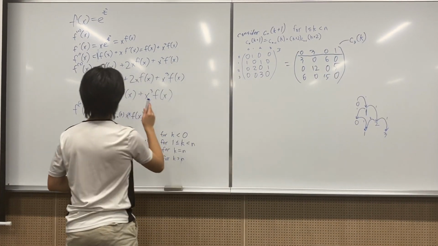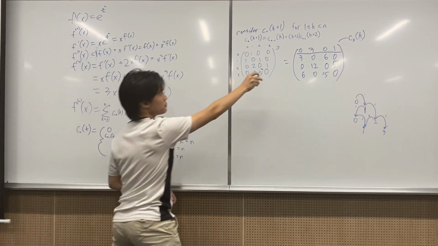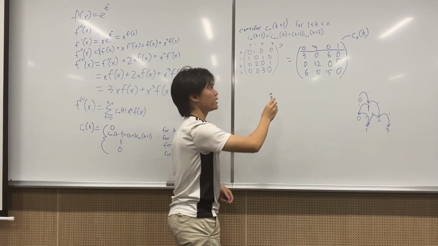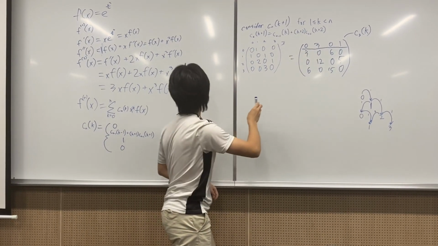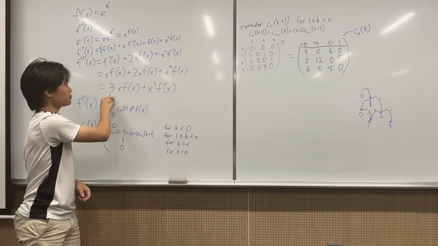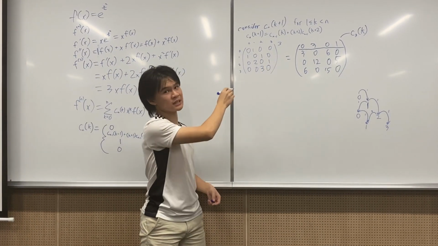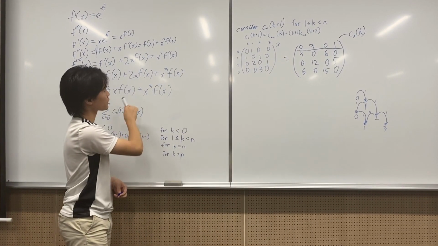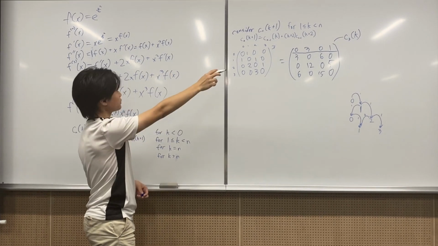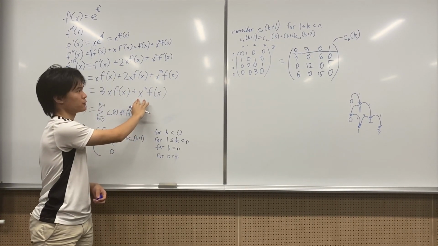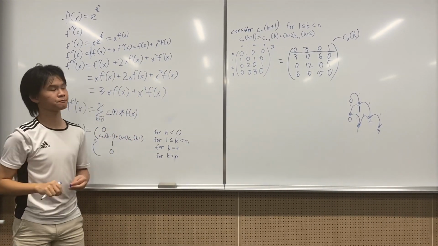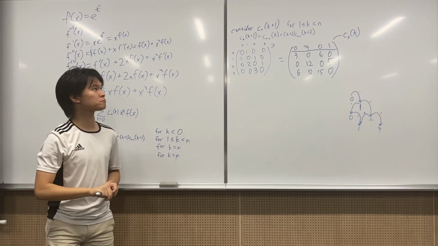And see from here, there is no constant term. And 3 is the coefficient of the first order term, 3x f of x. There is no second order term. And 1 corresponds to the coefficient of the third order term, x cubed f of x.